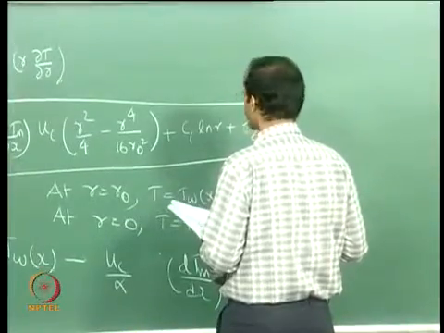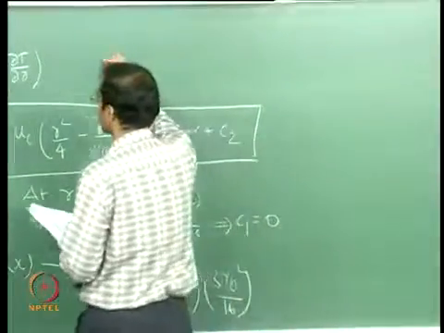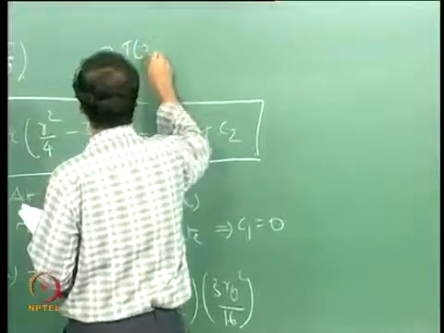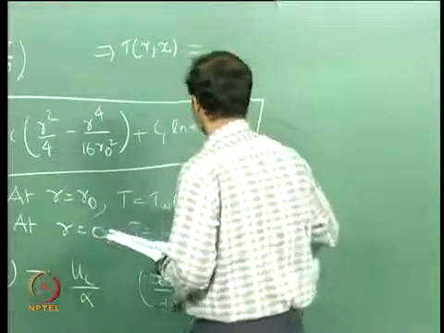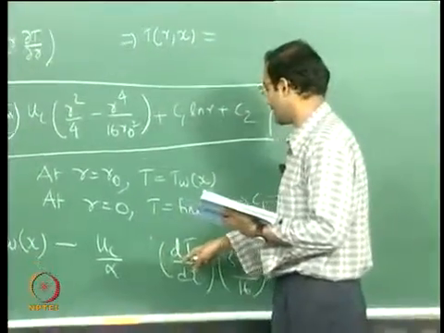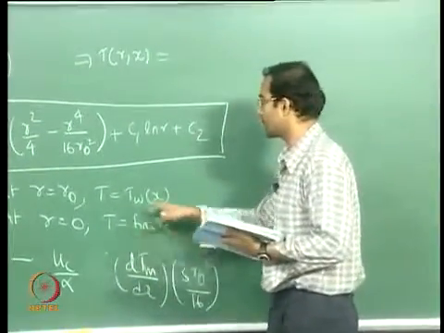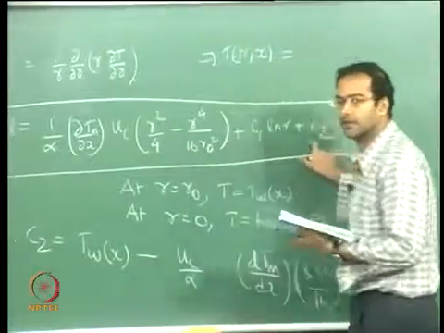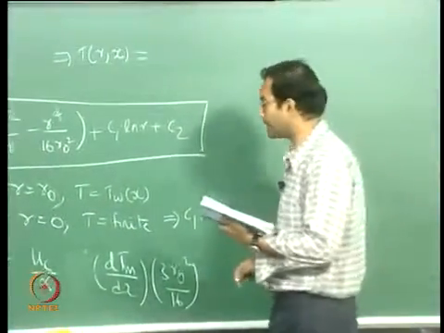If C1 is anyway 0, so therefore T of r comma x, so you can substitute for C2 and you see uc by alpha dTm by dx. So this is a common term here and here, so that can be just taken out as a common term.